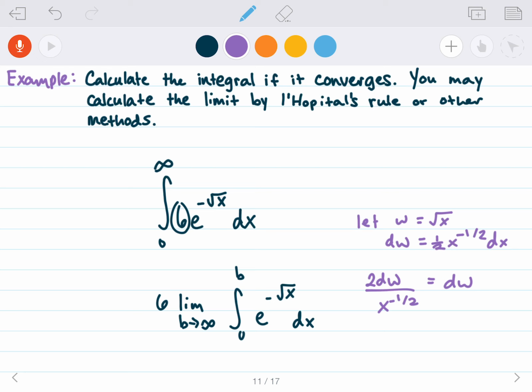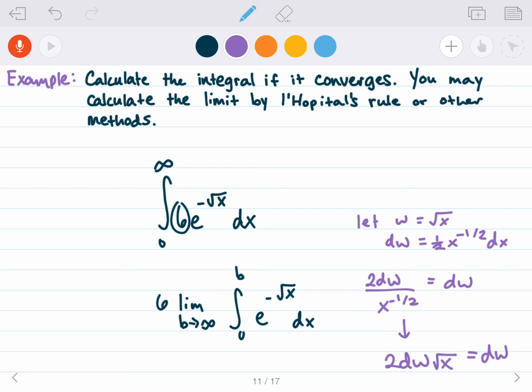Now x to the negative 1/2 is the same thing as the square root of x in the denominator, so dividing by it means bringing it above as x to the positive 1/2.